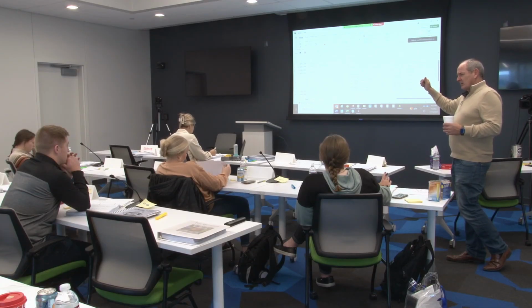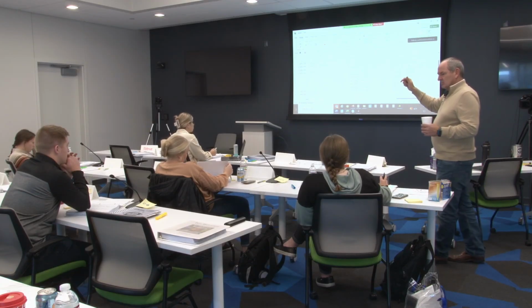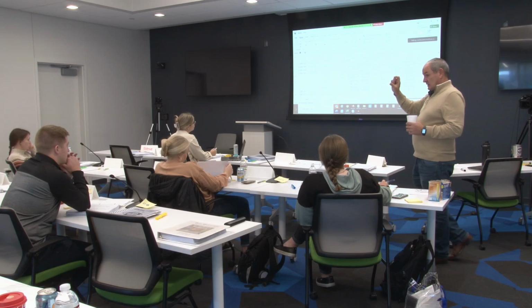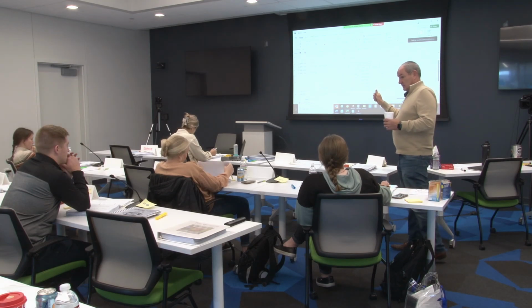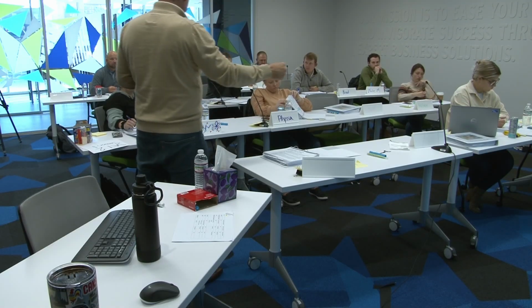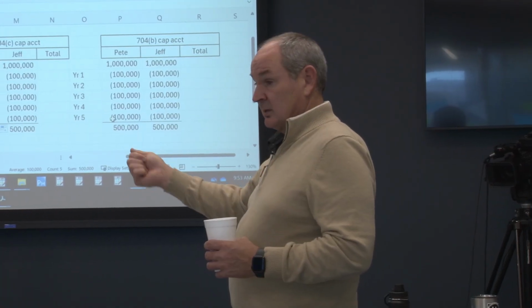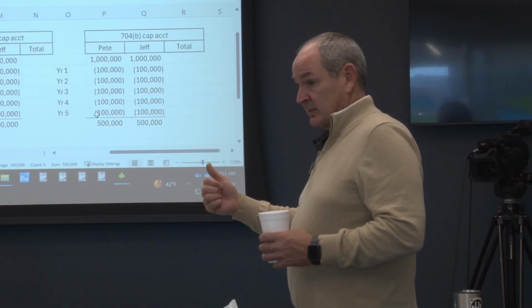The point is, and I think you might be right, I think I might have a math problem on that. My point is, an item of income can be shoved to the inherent gain partner, or an item of expense can be pushed to the non-inherent gain partner to equalize capital accounts. So it could be an allocation of either to make that true. Now, I think you busted me on a math problem, maybe, because I don't know that it does equalize if I have 100 of income. Well, if you have 100 income, you're shoving it all to Pete, then Jeff still has 0 loss.